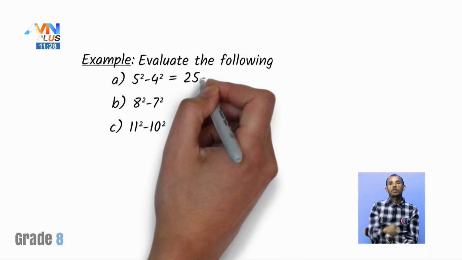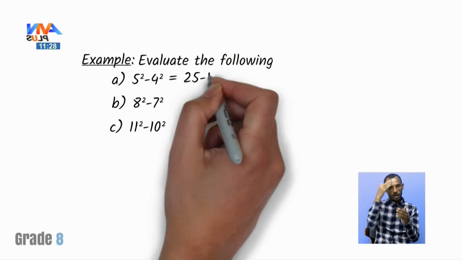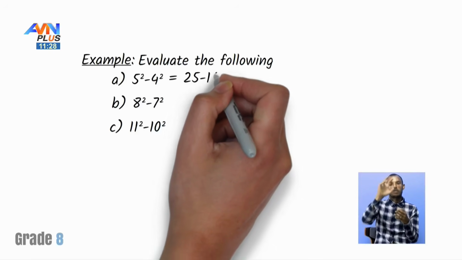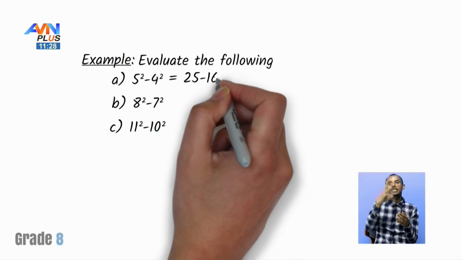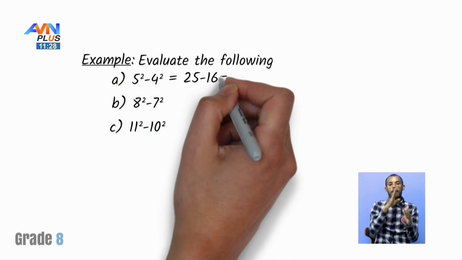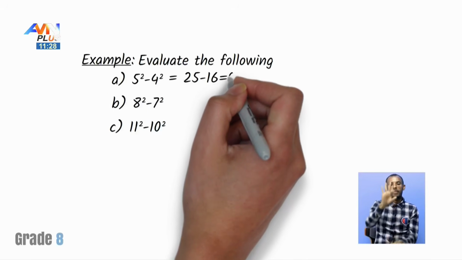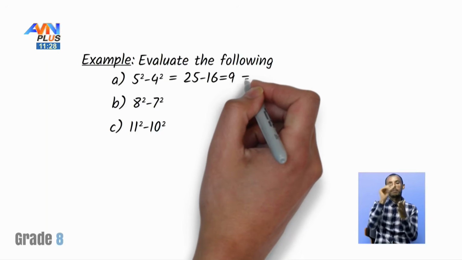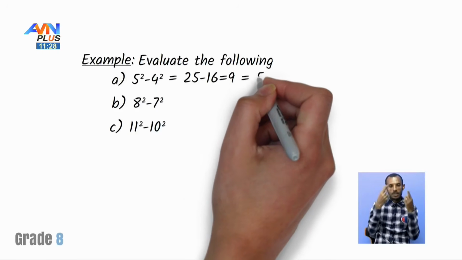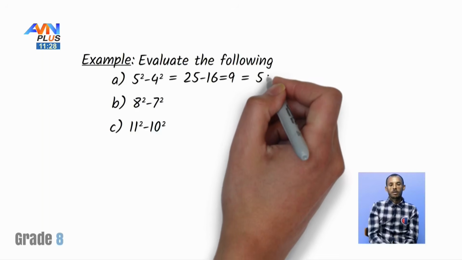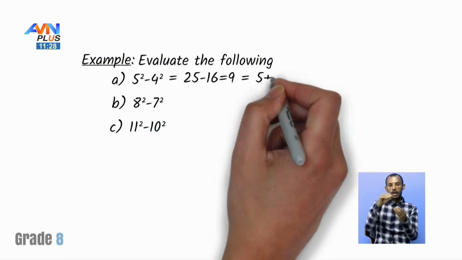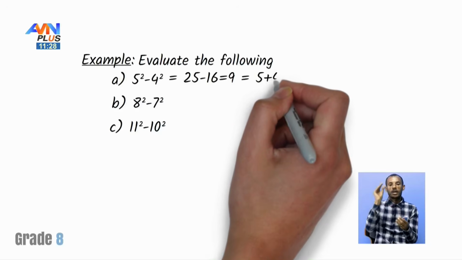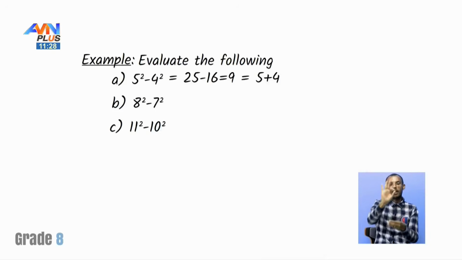You are familiar with squaring, so definitely 5 square is 25, 4 square is 16, and their difference becomes 9. Here, I need you to notice something. Consider 5 and 4. If you add them, it gives 9. Okay, keep this thing in your mind.